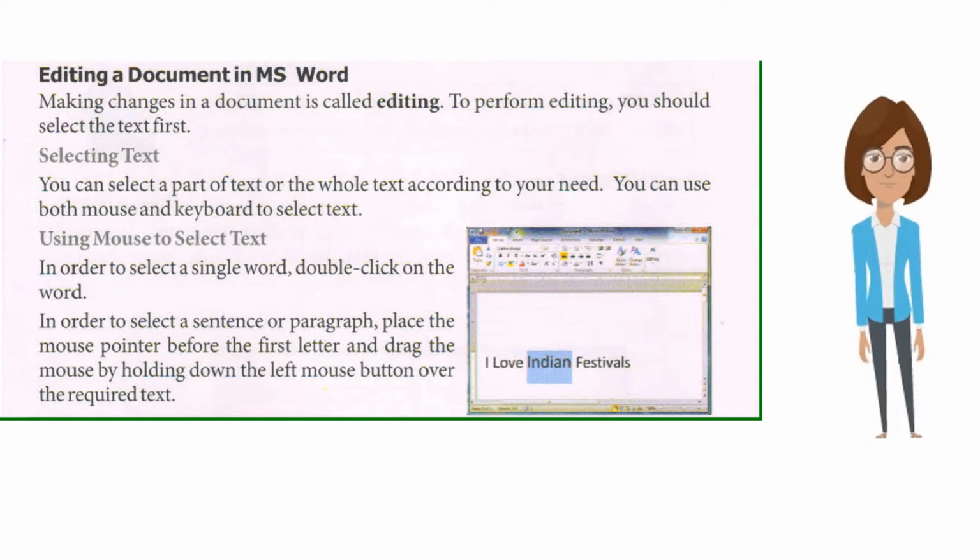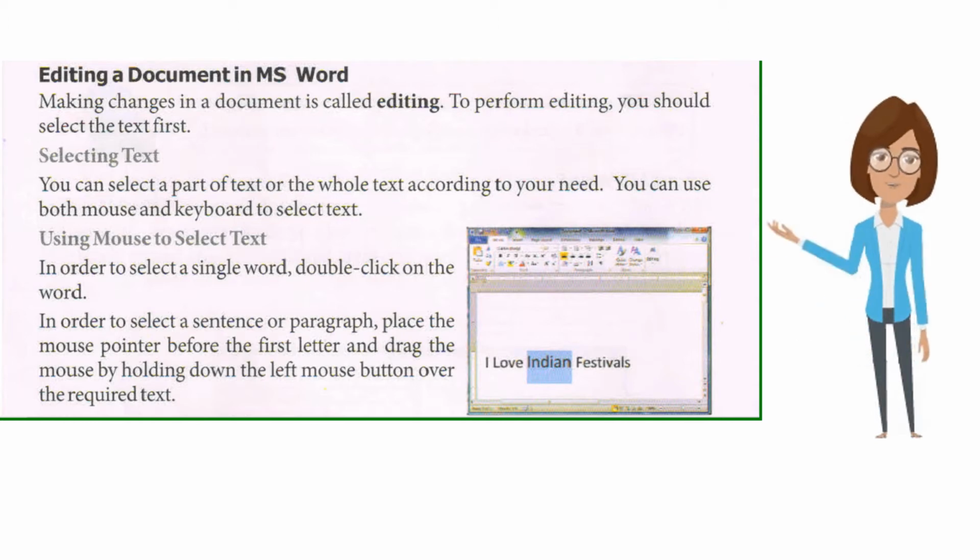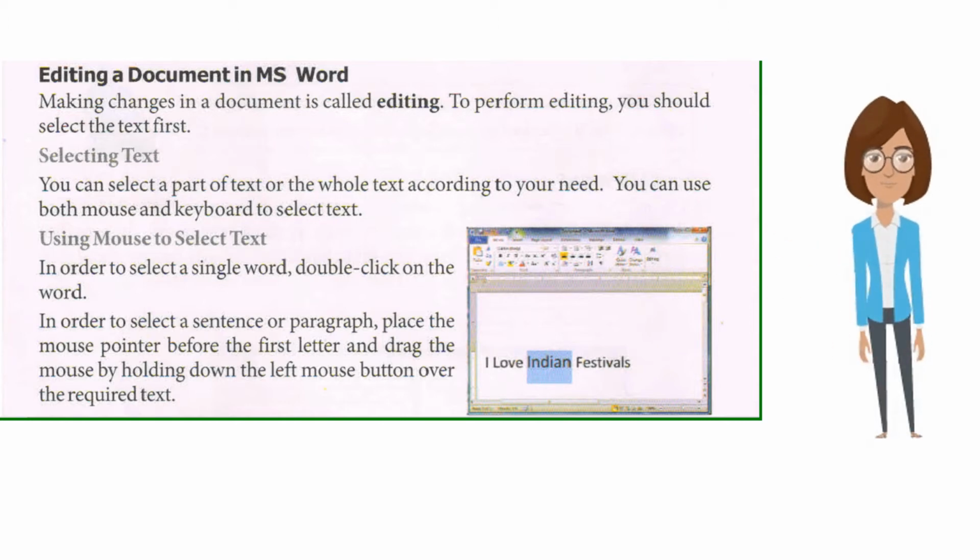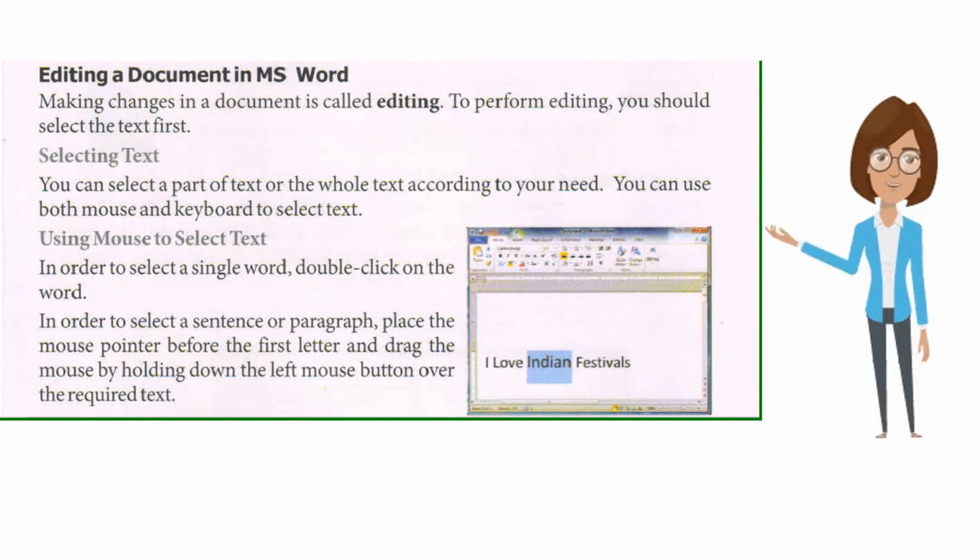Using mouse to select text. In order to select a single word, double click on the word. In order to select a sentence or paragraph, place the mouse pointer before the first letter and drag the mouse by holding down the left mouse button over the required text.